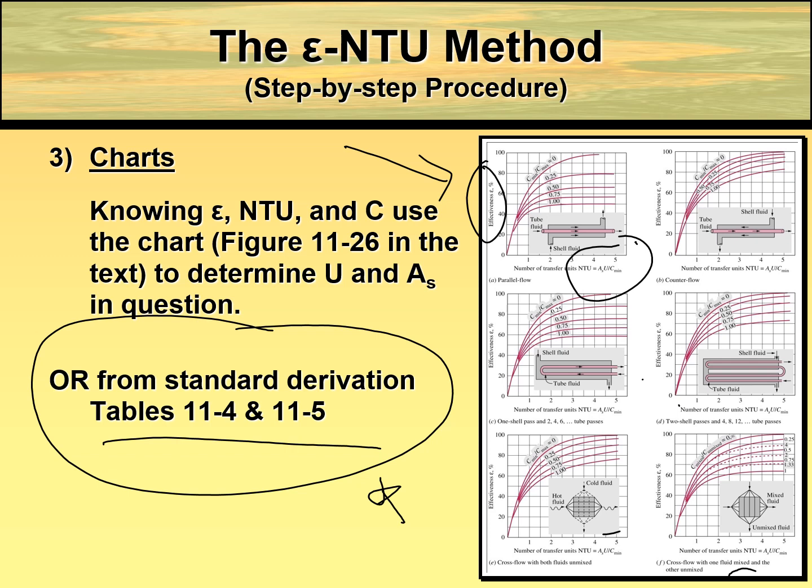Okay, so the effectiveness can be determined by using the chart, which is available in the textbook, or you can refer to here, which can be used for the concentric tube for this one, or single tube and one shell, multiple tube, which is this one, or 2 shells multi-tube, and as well cross flow, for unmixed and mixed flow.